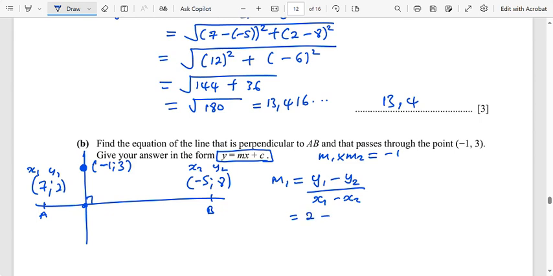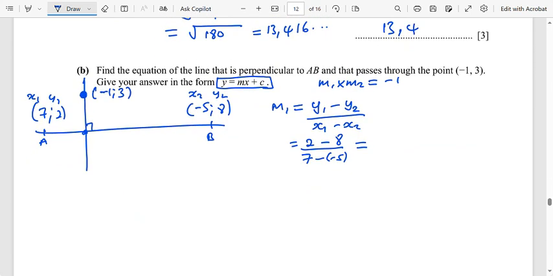So y1 is 2 minus y2, which is 8, over x1, which is 7, minus x2, which is a negative 5. So the gradient there becomes minus 6 over 12, which is minus half.